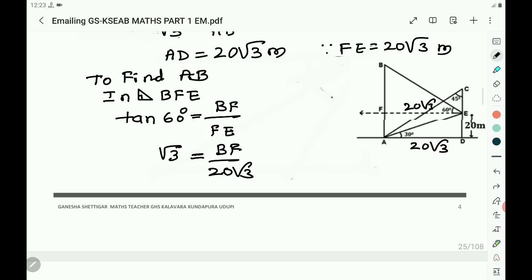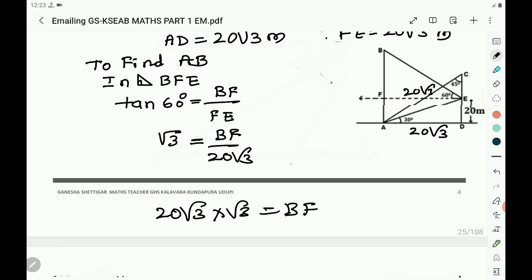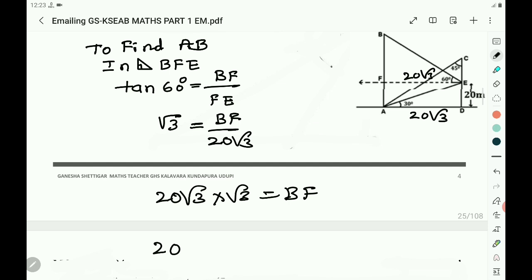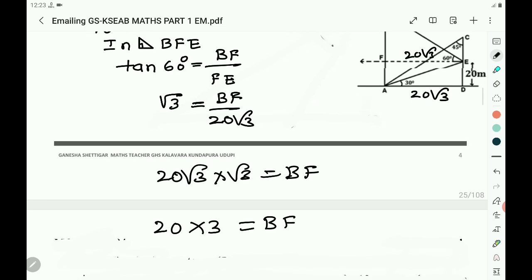You got 20 root 3 into root 3 is equal to BF. That becomes 20 into 3, which is equal to BF. Therefore, you write BF equals 60 meter.